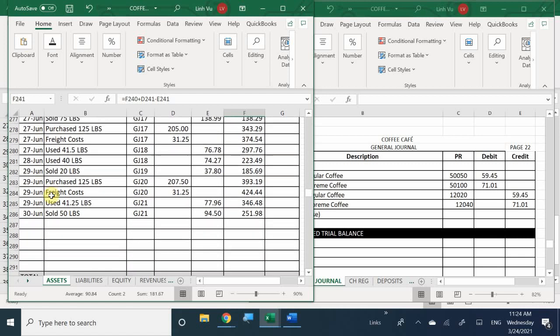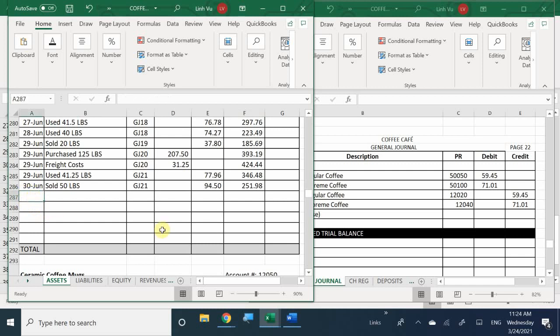Last but not least, my Supreme coffee. I used 37.25 pounds of coffee, General Journal number 22 at 71.01, bringing my account balance to 180.97.